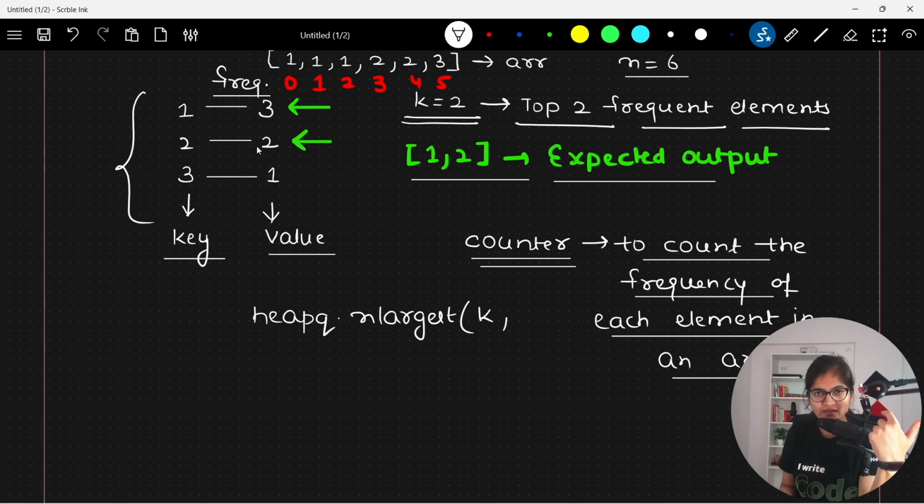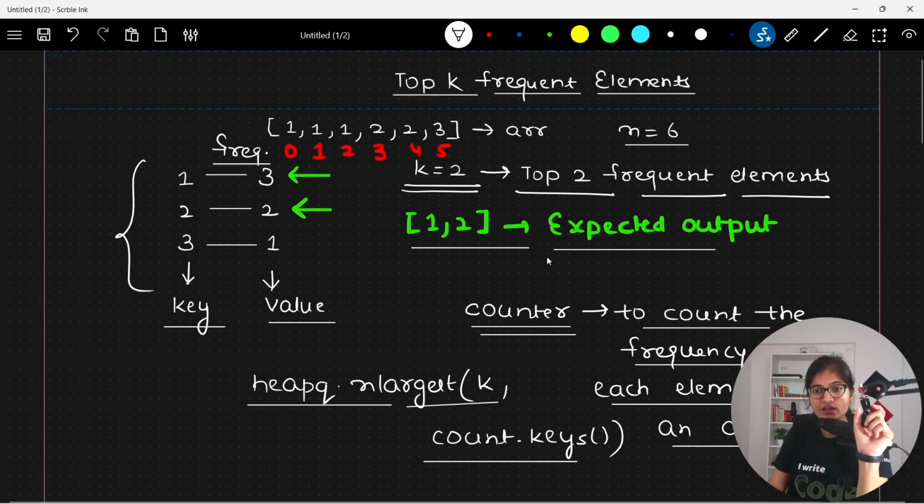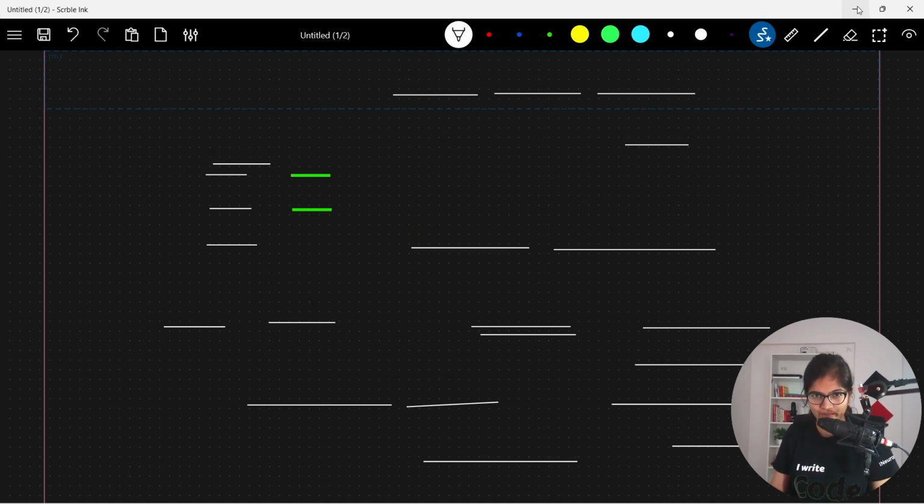On the basis of this frequency value, which you can specify as count.keys, you will be able to get the most frequent elements. So here I will try to show you the implementation so that whatever I am saying here will be easily conveyable to everyone.